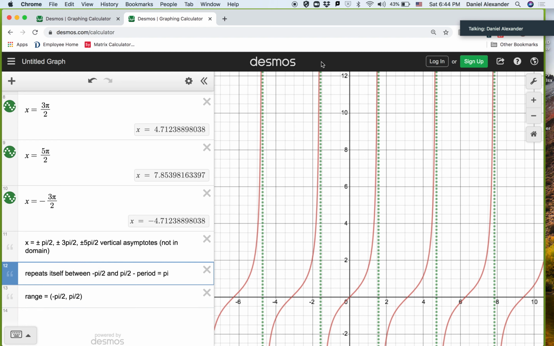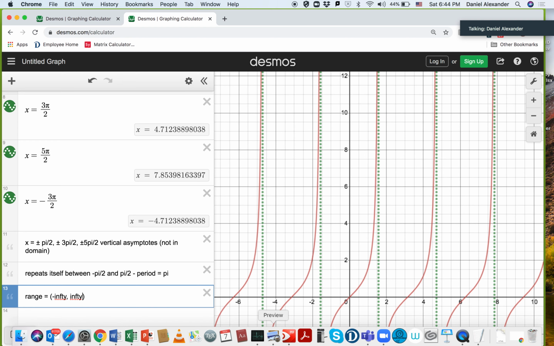Notice that it goes from minus infinity below to plus infinity above. That means its range is going to be, that should have been infinity, minus infinity to infinity. Sorry about that. Okay. The domain looks like it's everywhere but these places where it has vertical asymptotes.